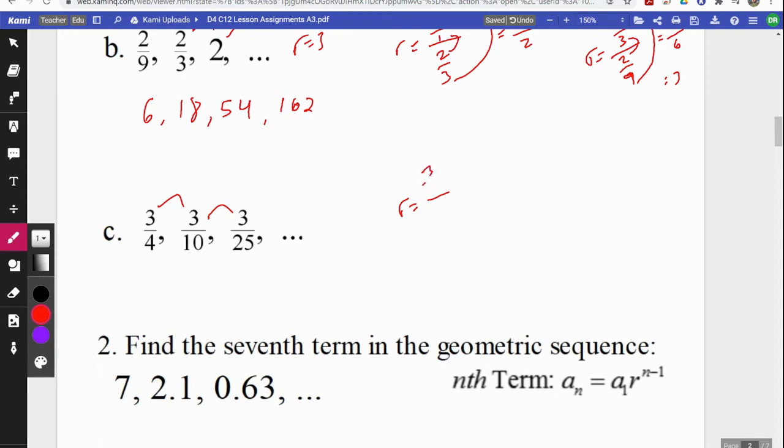So I'd say 3/10 divided by 3/4. I'll use outsides over insides. This is 12/30. And you could take out a 6 from top and bottom. Divide by 6, you get 2/5.